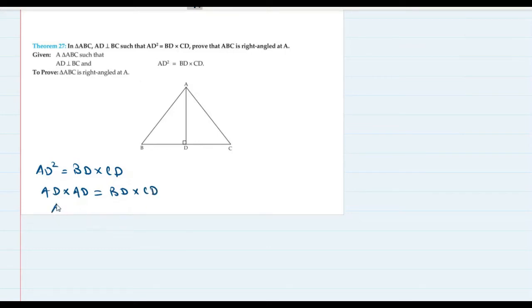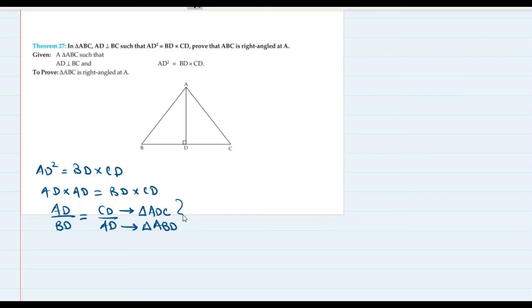Then I will write it as AD upon BD is equal to CD upon AD, which shows that triangle ADC, the name of the triangle which we can get from the numerator is triangle ADC, and the name of the triangle which we can get from the denominator is triangle ABD.